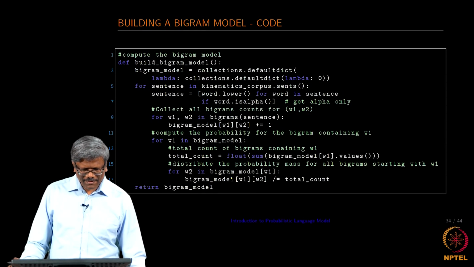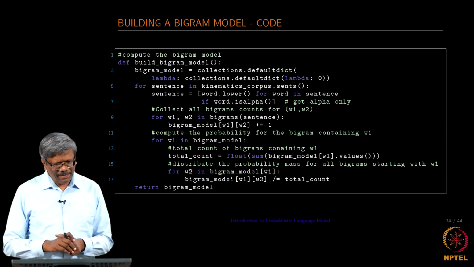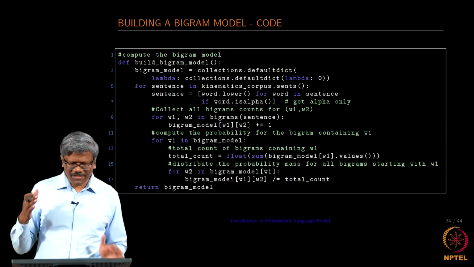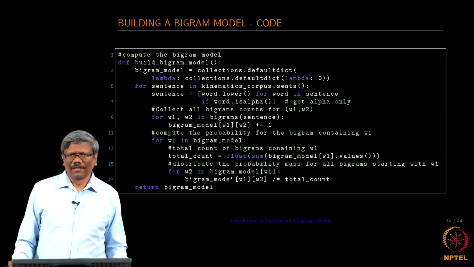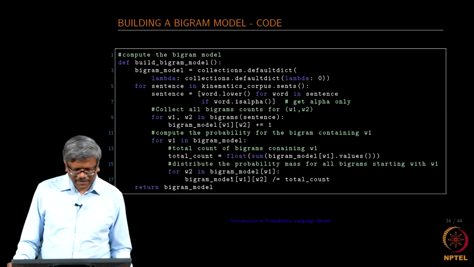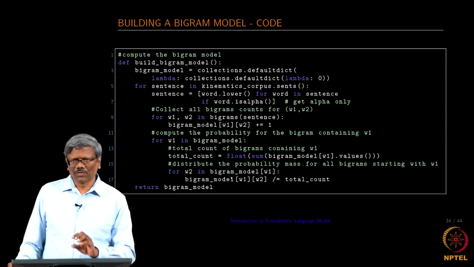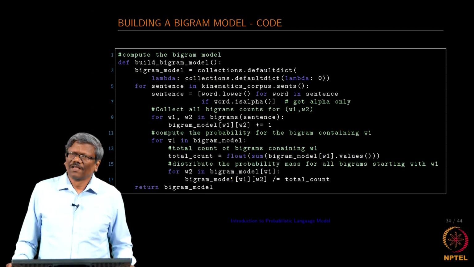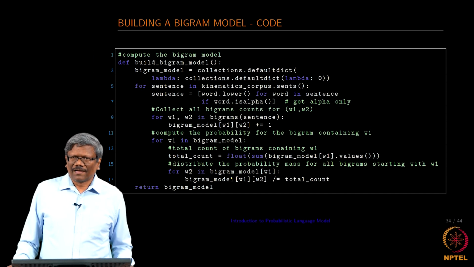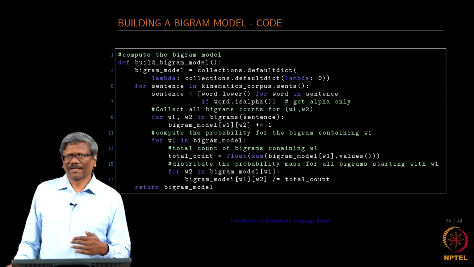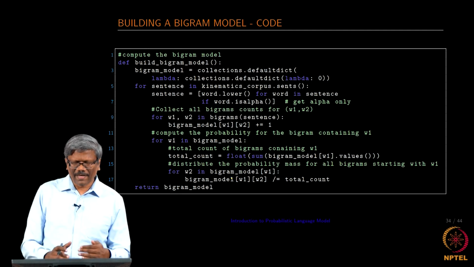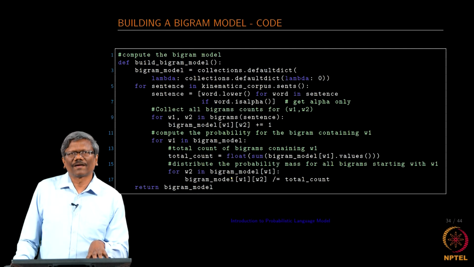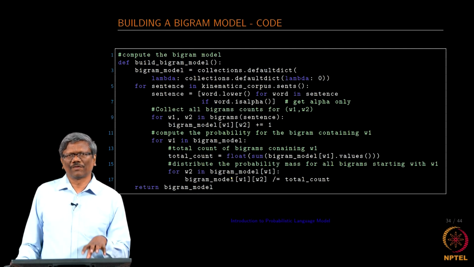Now let us look at building a bigram model code. As I mentioned in the previous session, the code is available on GitHub. The only thing I have done is remove the corpus location. I am going to give you an exercise here: instead of just running this code, you have to take a corpus, combine it with this code, and see for yourself.